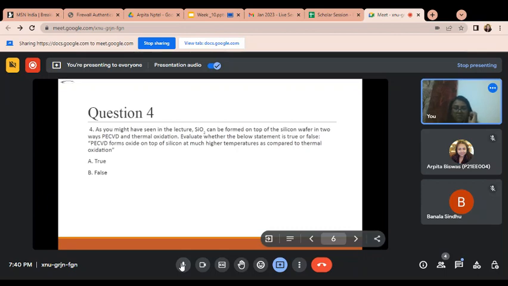So does plasma enhanced chemical vapor deposition take higher temperature or lower temperature? And what is the temperature needed for the thermal oxidation process?